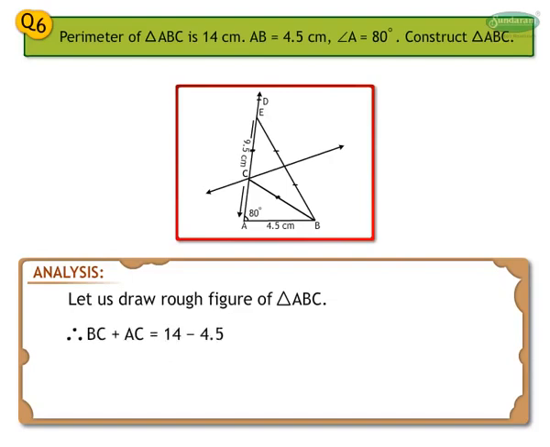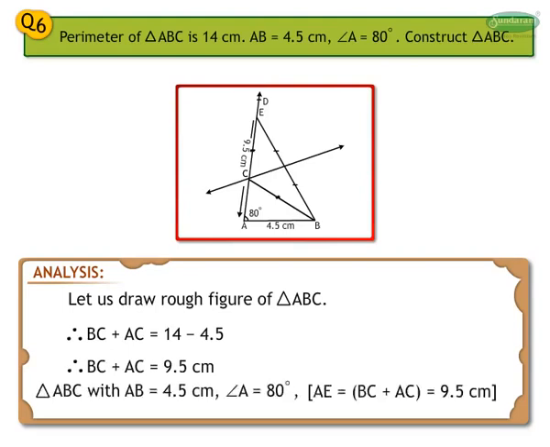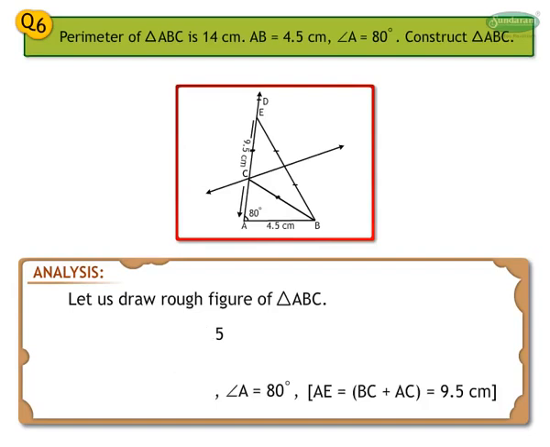Therefore, BC plus AC is equal to 14 minus 4.5. Therefore, BC plus AC is equal to 9.5 centimeters. Triangle ABC with AB equal to 4.5 centimeters, angle A equal to 80 degrees, BC plus AC is equal to AE is equal to 9.5 centimeters.